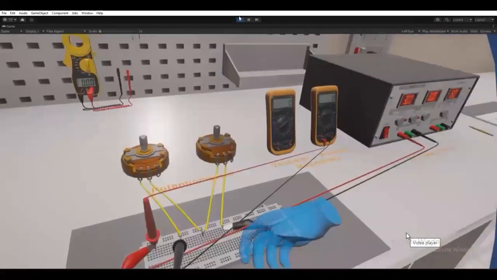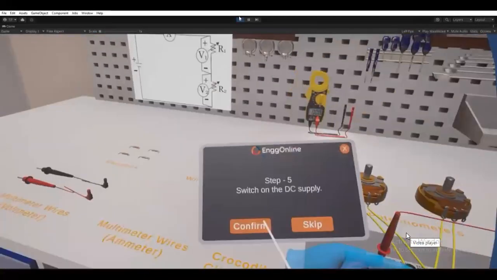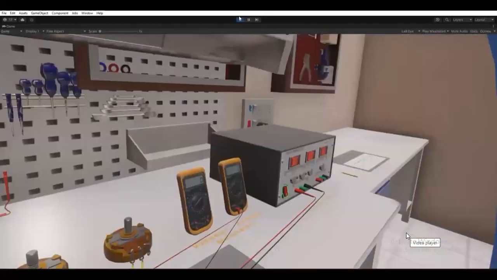Step 5. Switch on the DC supply. Step 6.